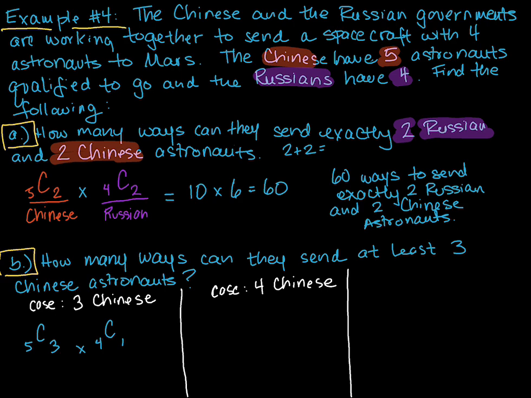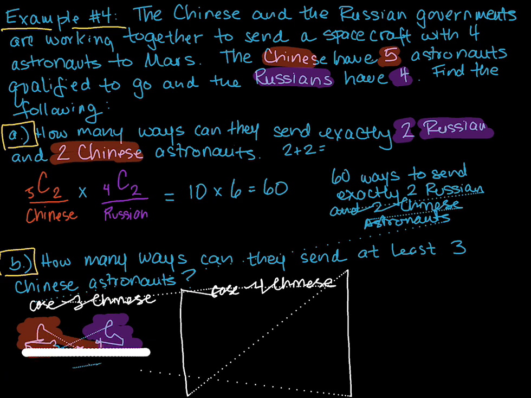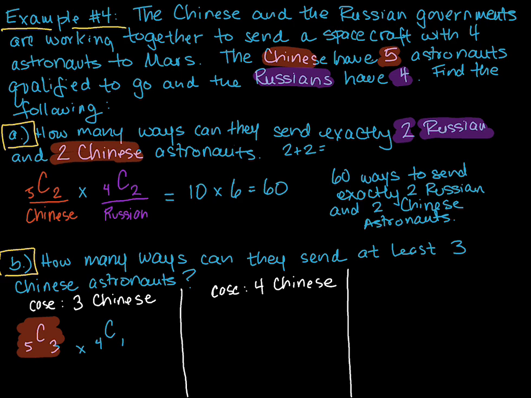So for the Chinese, we're using red. And for the Russians, we're using purple. So that gives us 5 choose 3, which equals 10.